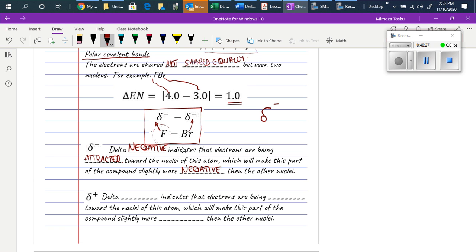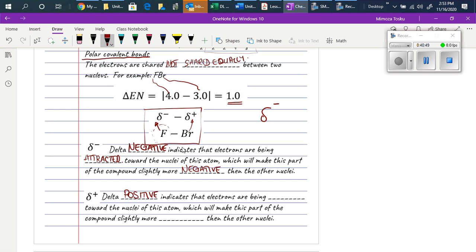Now, delta positive indicates that the electrons are spending less time at the nucleus of this atom.